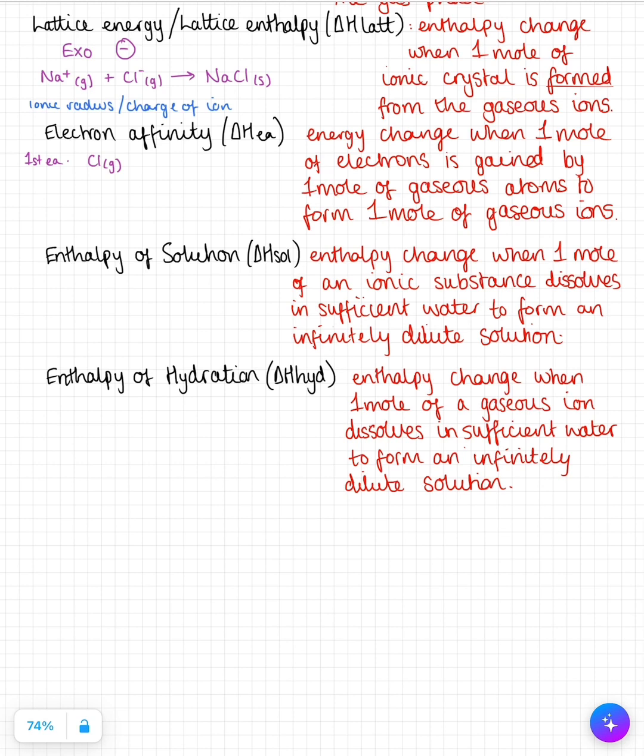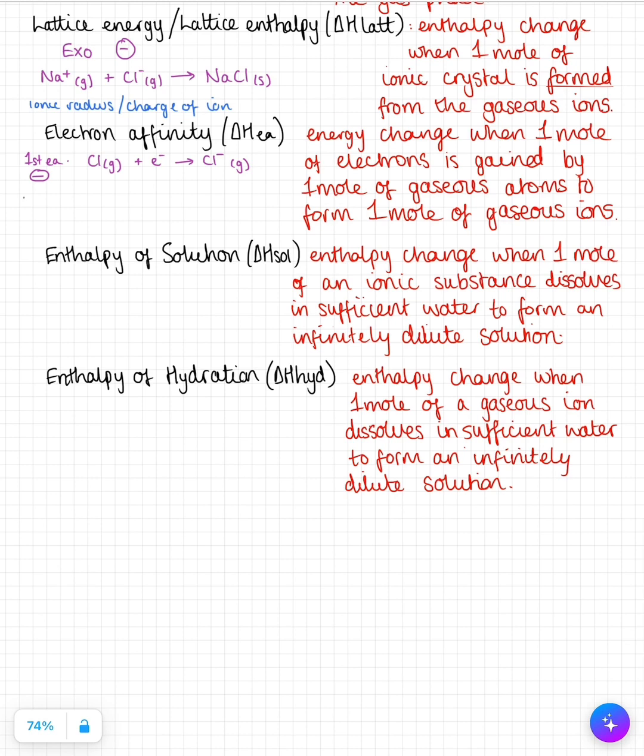We have 1 mole of chlorine atoms in the gaseous state, adding 1 mole of electrons to form Cl- ions in the gaseous state. Now this is a negative value. The first electron affinity is always negative, because when we are gaining that electron, the electron is attracted to that nucleus, so energy is released.